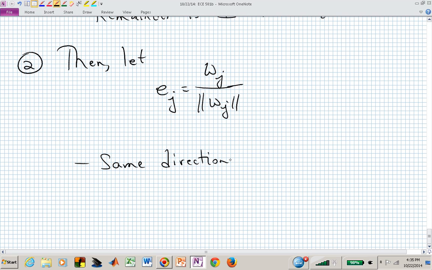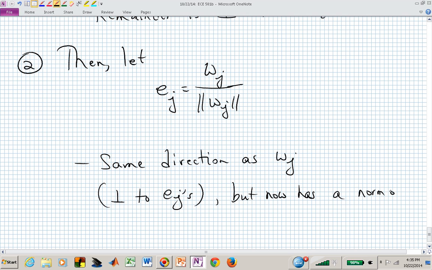This E sub j is in the same direction as W sub j, and it's perpendicular to the preceding E sub j's, but now it has a norm of 1.